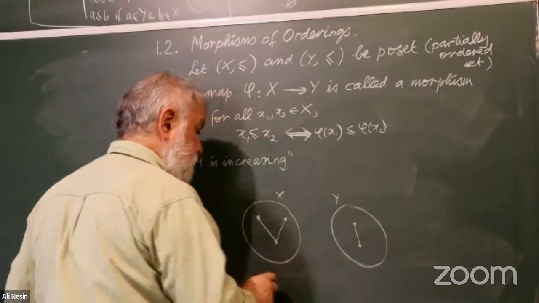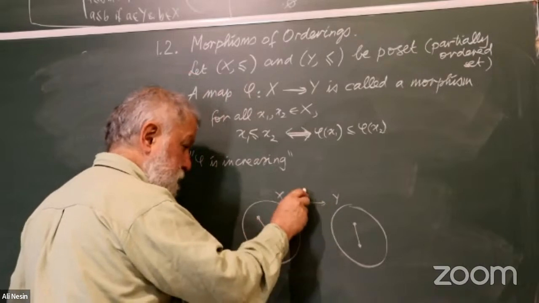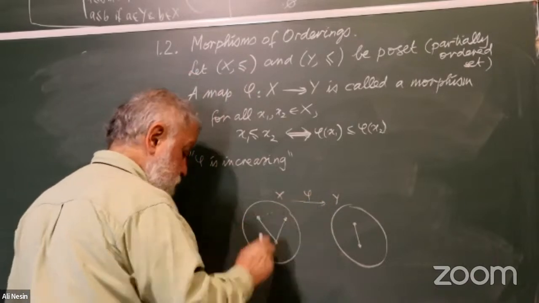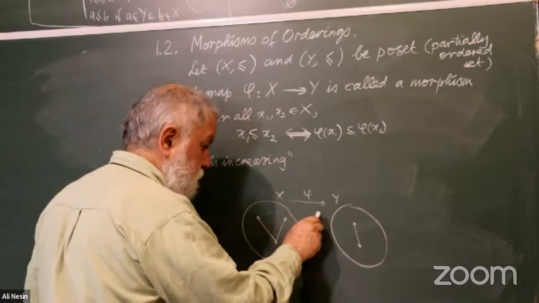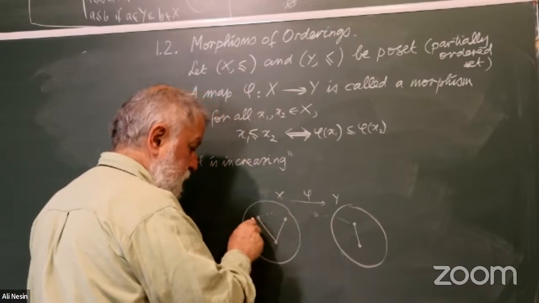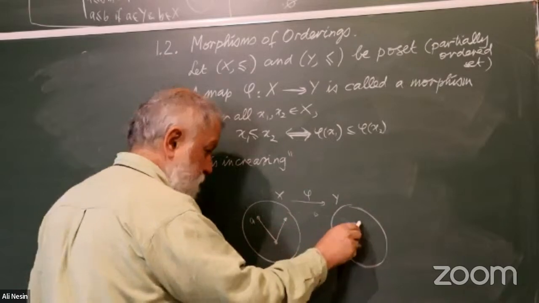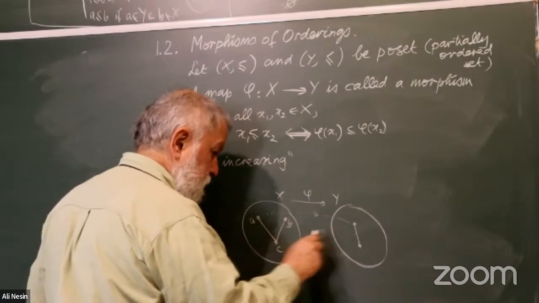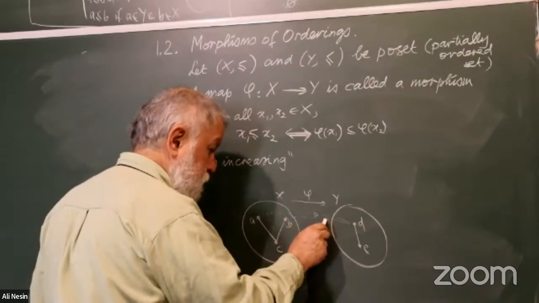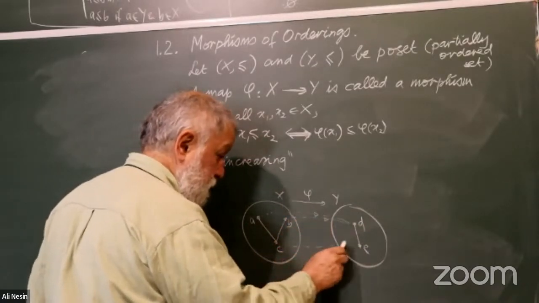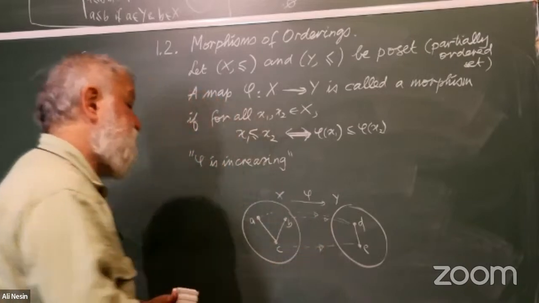This less than this. Now send phi: let's call these A, B, C, D, E. Send A and B to D, and C to E. Now, is this a homomorphism?